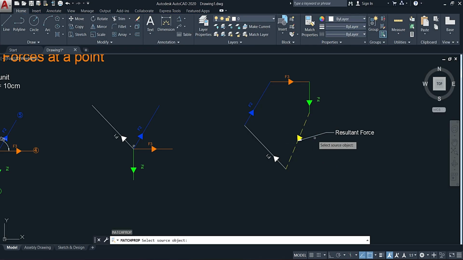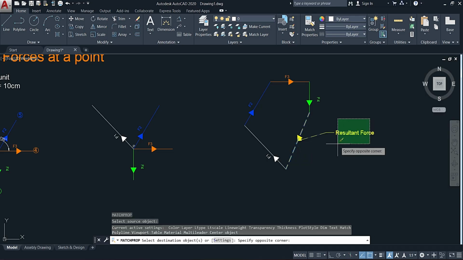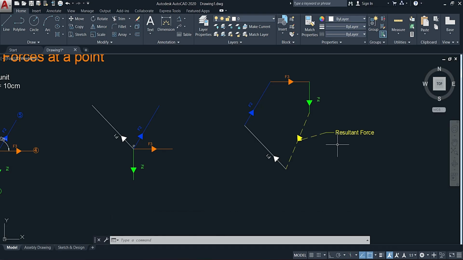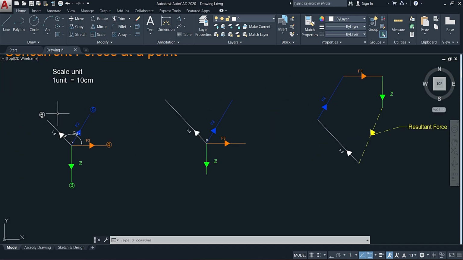Now, this resultant force is also your equilibrant because this is the force that pretty much cancels out everything else. Now, we can know exactly the value of this force because as you can see here, this was 5, this is 5, 6, 4, and 3.